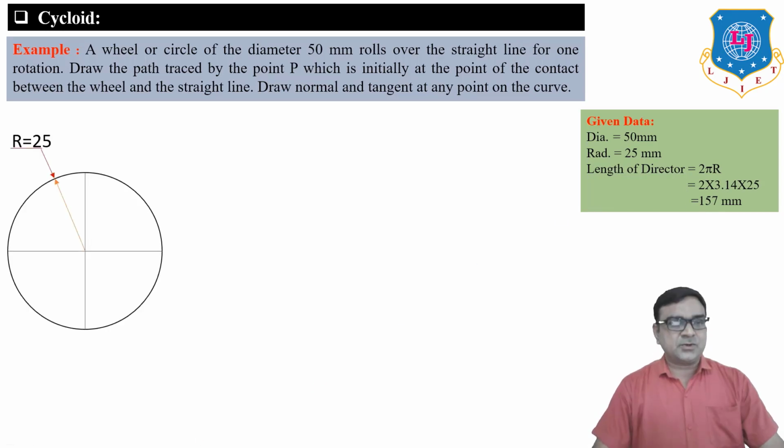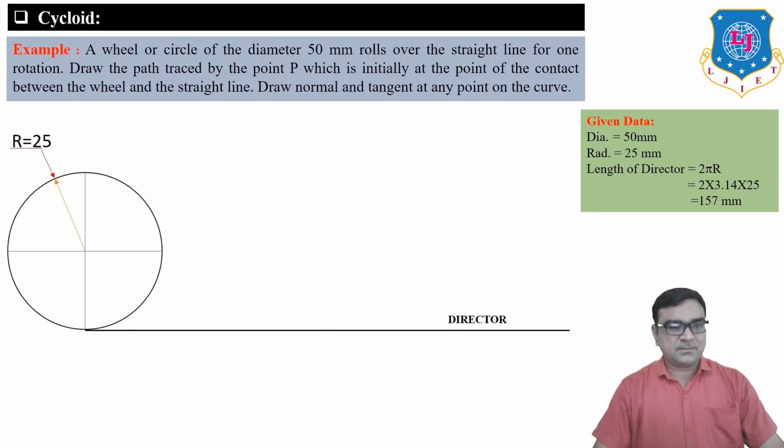So first of all, you have to draw one circle by taking radius 25 mm. Draw vertical and horizontal lines from the center of the circle. Then draw the horizontal line from the bottom of the vertical line of the circle, which is known as director.